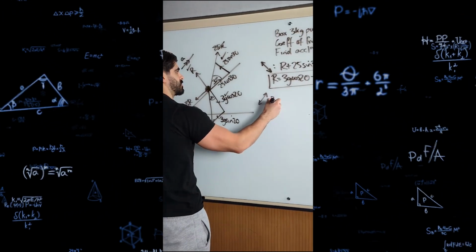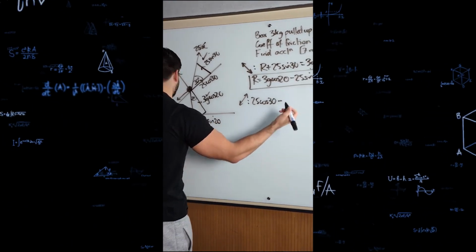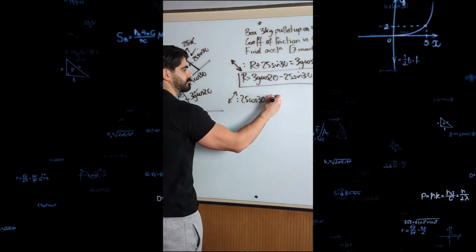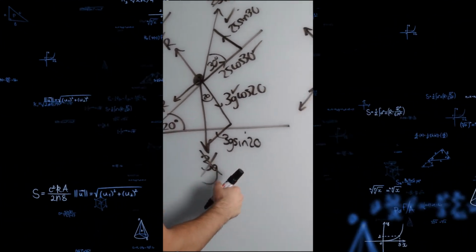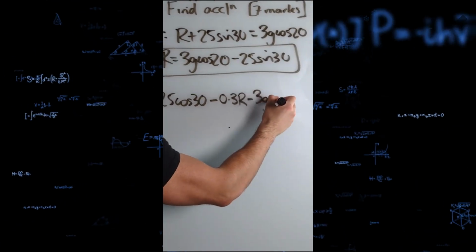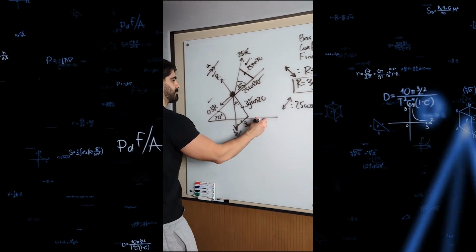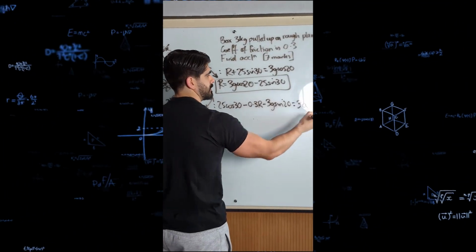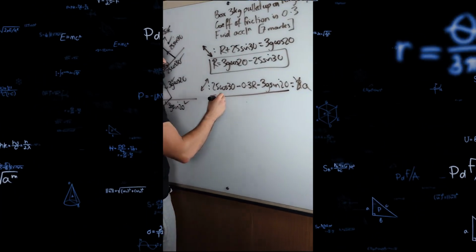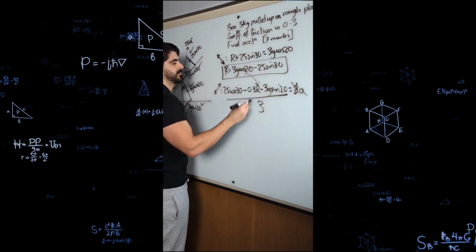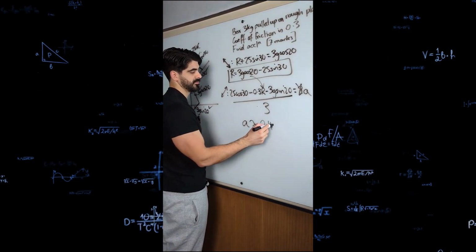So it's going to be 25 cos 30 minus 0.3R minus 3g sin 20 is the mass of the object, 3, times a. And then boom, nice and easy. All you have to do now is divide both sides by 3, plug that in, and you get a is like 2.4.